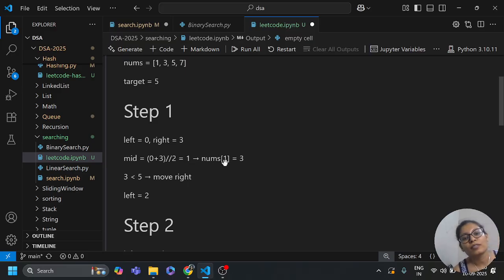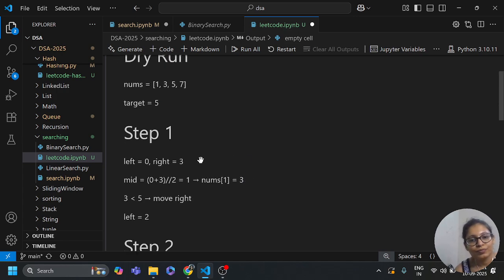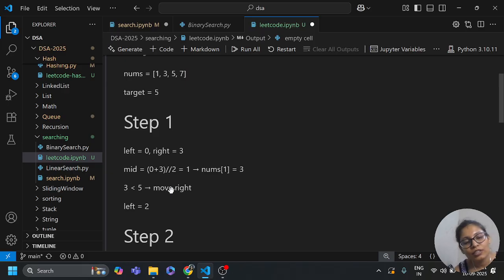At index 1 in numbers we have 3. So 3 is less than 5. If 3 is less than 5, then move right, so left equals 2.